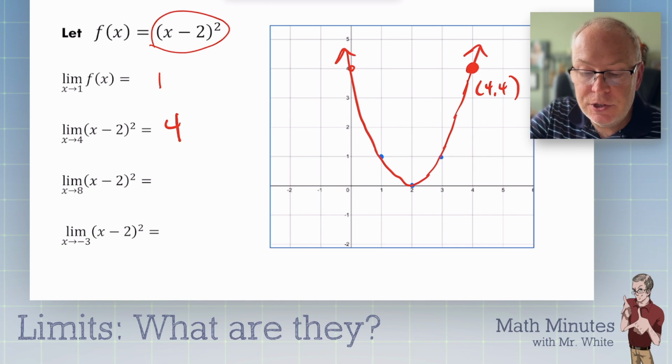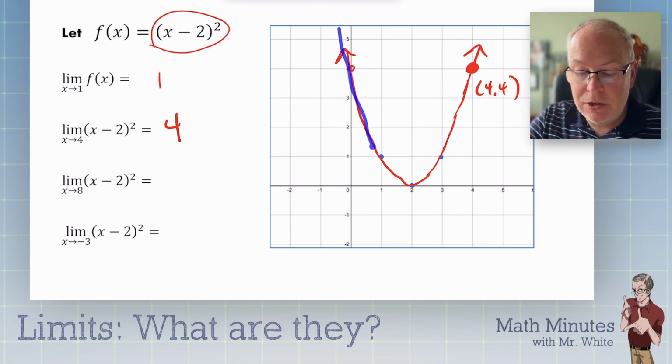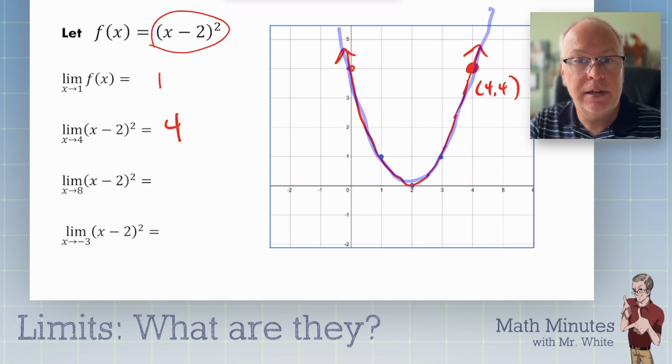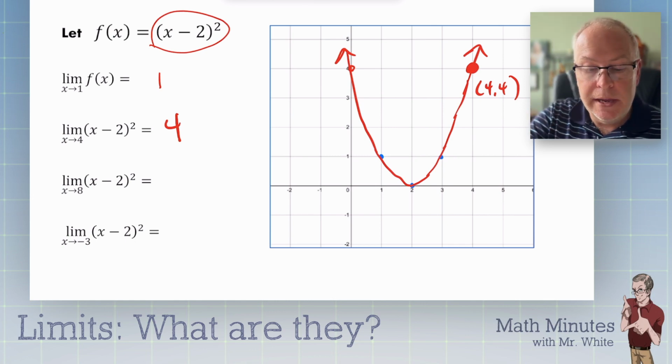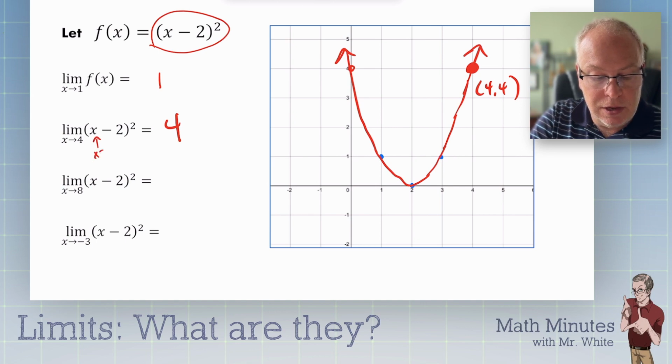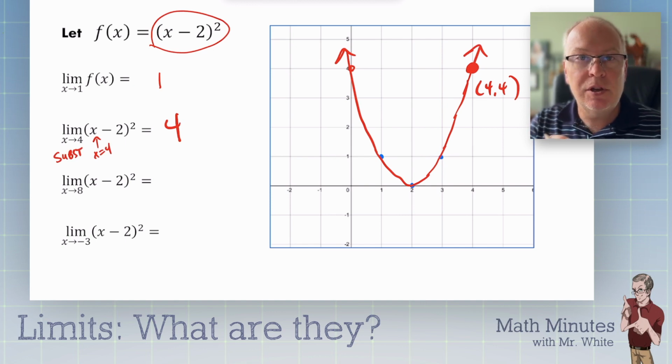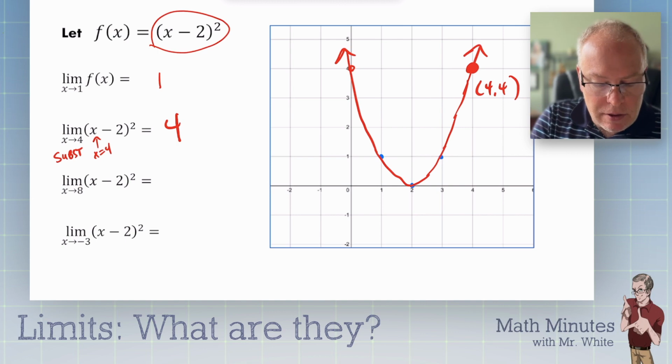Since this function is nice and continuous and just keeps going in a predictable way, there's no jumps or crazy things happening, we can literally plug in x equals 8. We can substitute. We don't have to go to the graph and look at it.